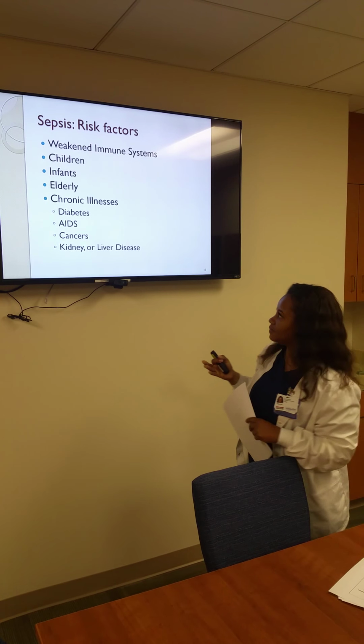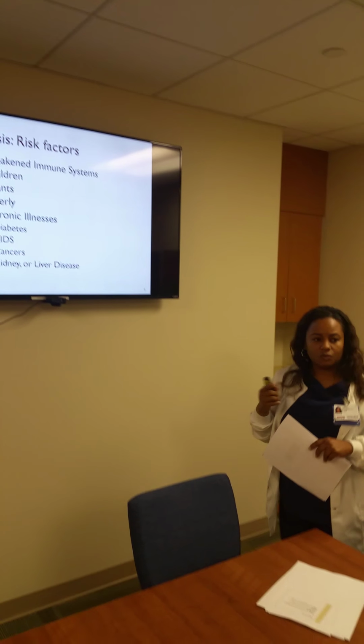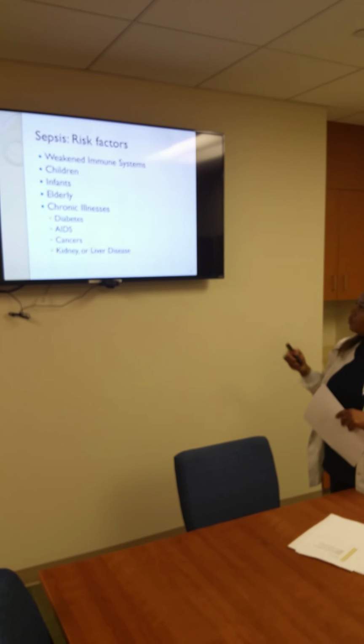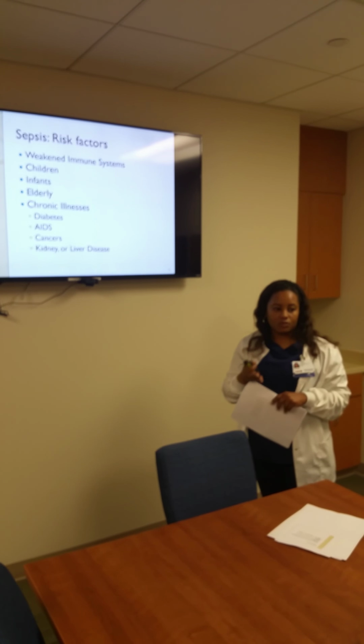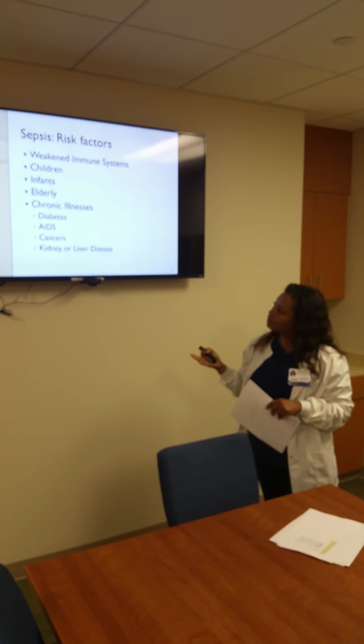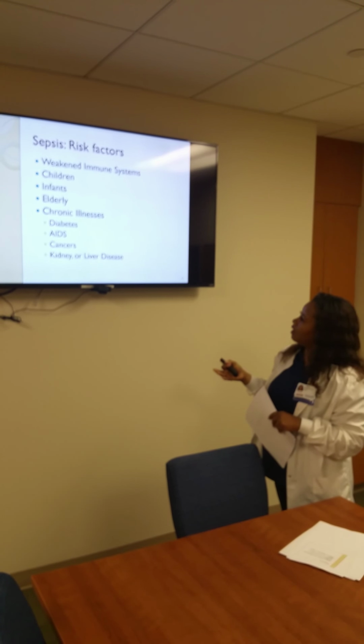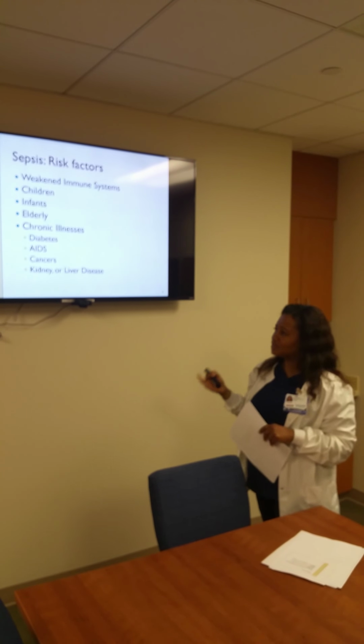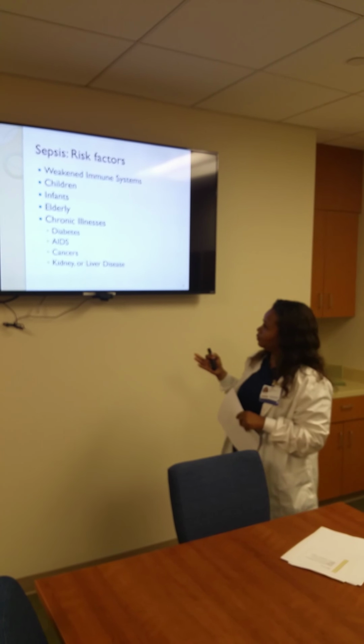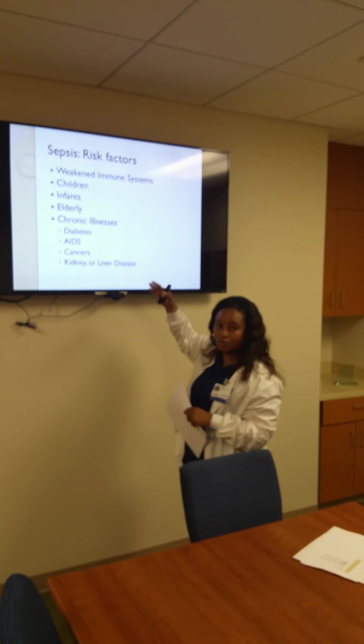So what are the sepsis risk factors? Well, number one, a weakened immune system. And of course, children, infants, and the elderly are more susceptible to sepsis than a healthy adult. Patients who have chronic illnesses, this is very important that you know your patient's comorbidities.